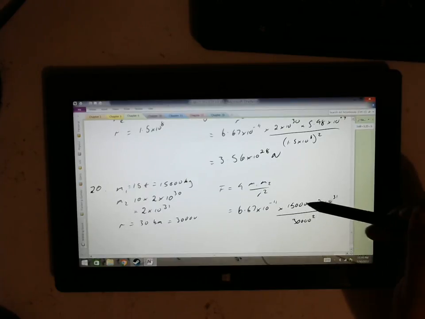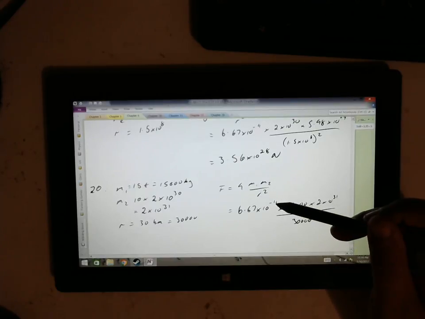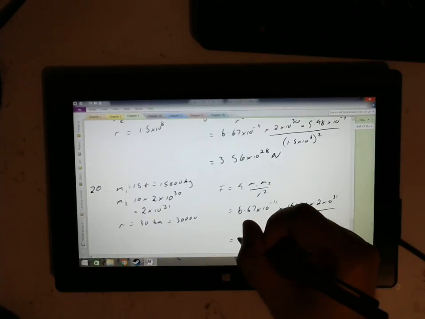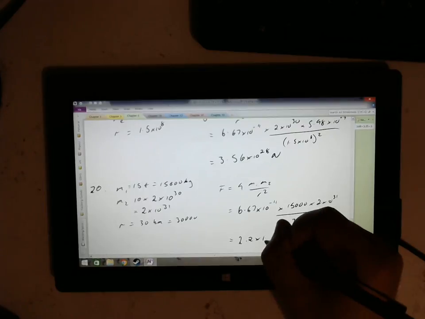Oh yeah, that's 1, 2, 3, 4, 35. Yep, got that, so that's okay. And then we're going to divide that by 30,000 squared. We end up with 2.2 times 10 to the 16.